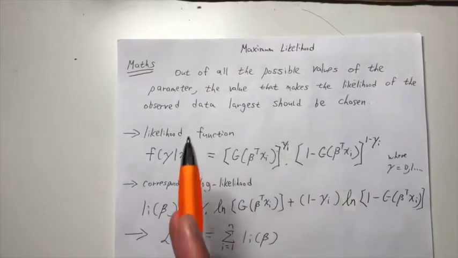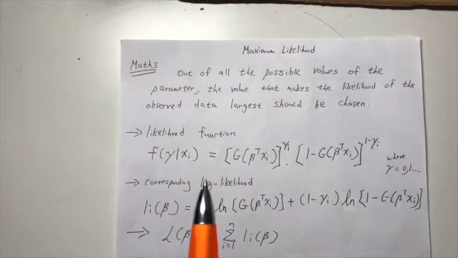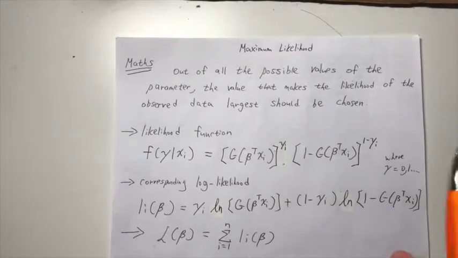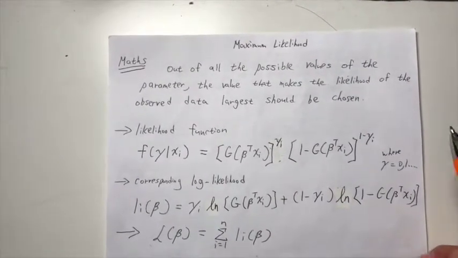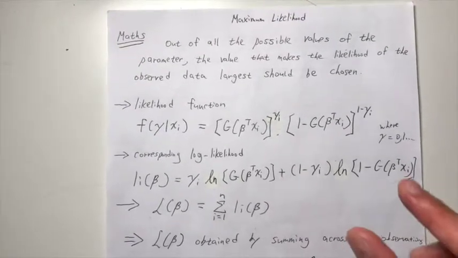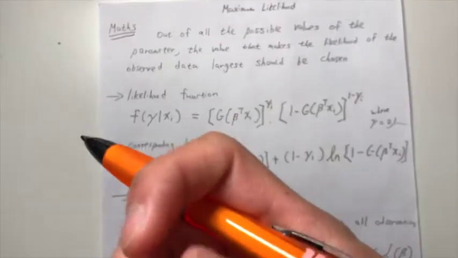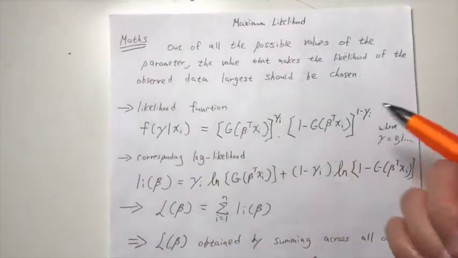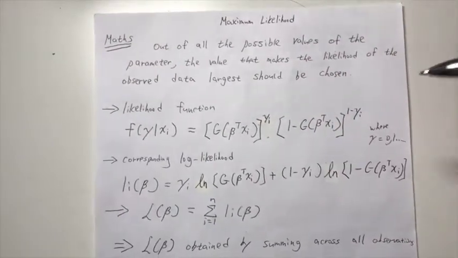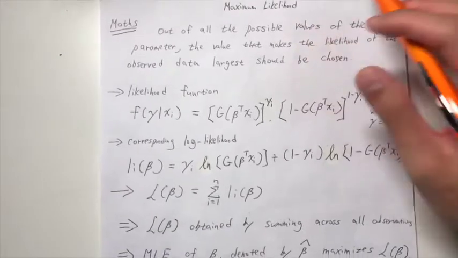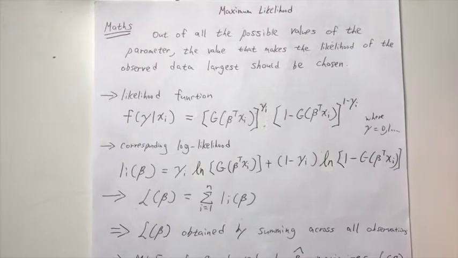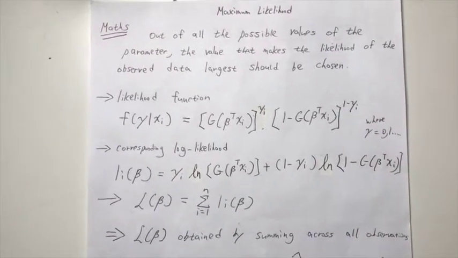The probability of a person working, times the probability of a person working, times the probability of a person not working, for example. That whole multiplication, the whole outcome, is the probability that we have observed. So we want to make the whole probability largest. But that will be quite hard to maximize because the whole outcome is a multiplication. It will be quite hard to find the maximum value of that.